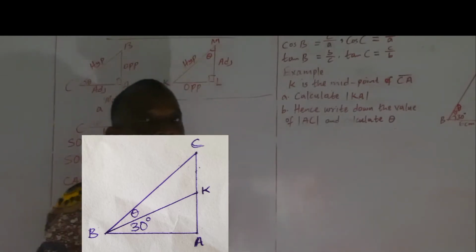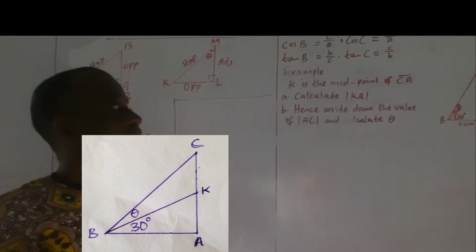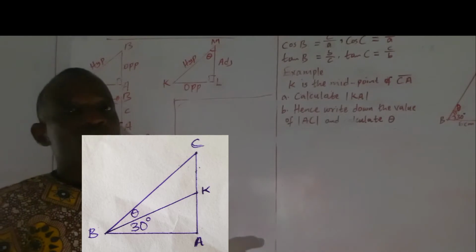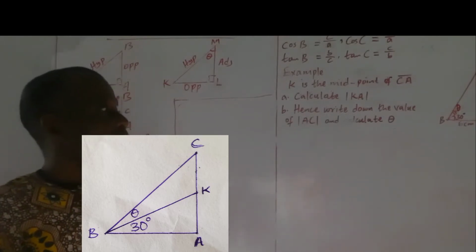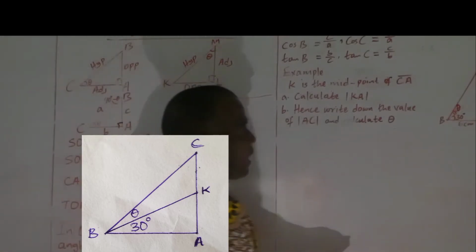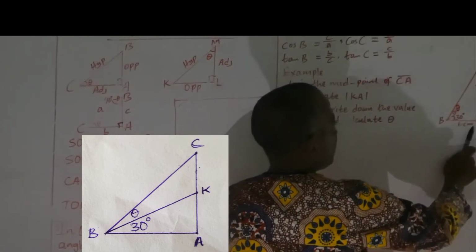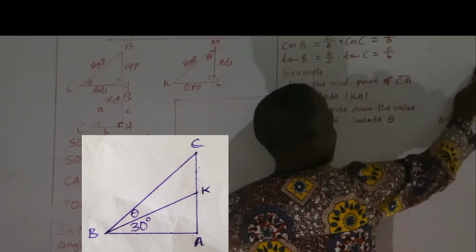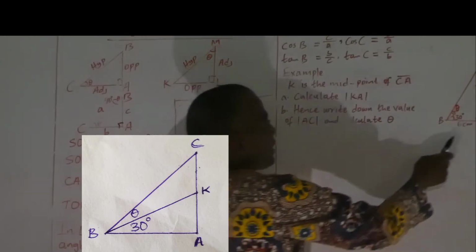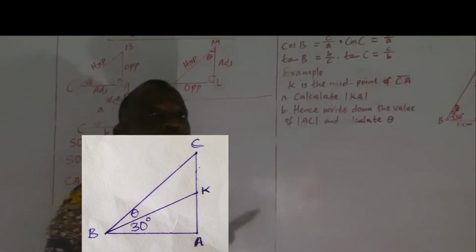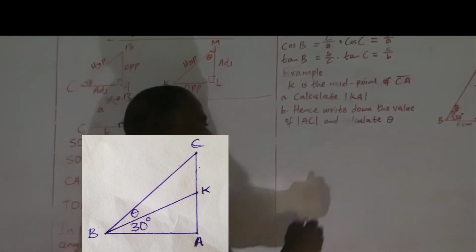The first step, of course, will be to identify the right angle triangles in the given shape. So there are 2. We have triangle ABK and triangle ABC. The side AB is common to the 2 right angle triangles.